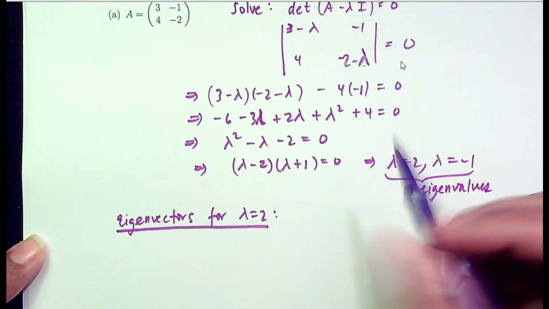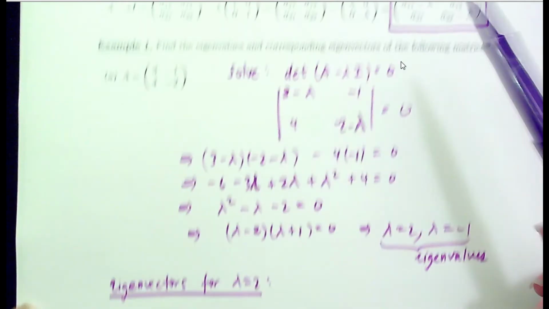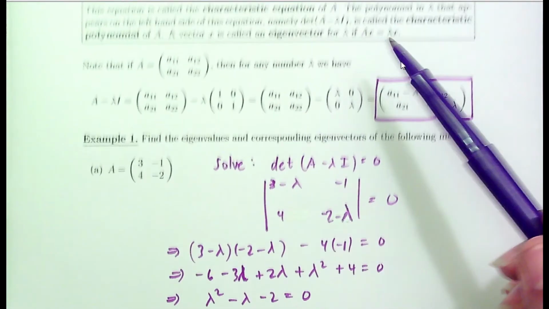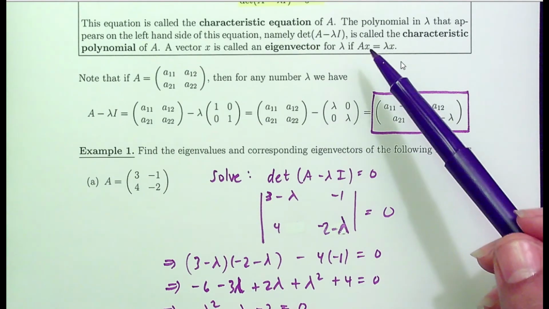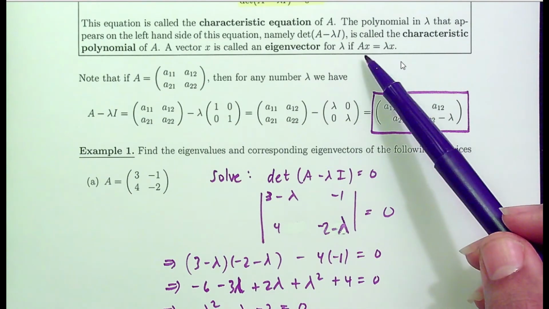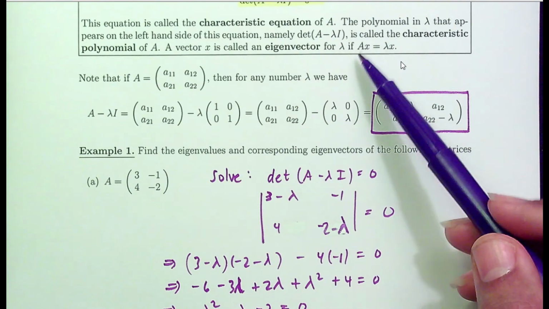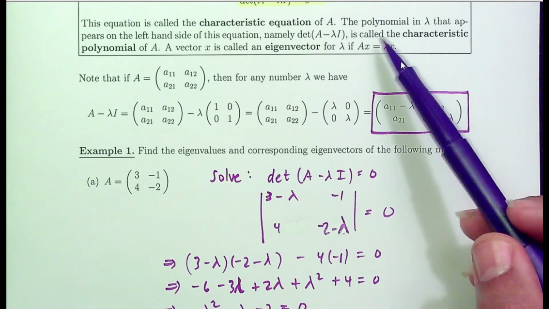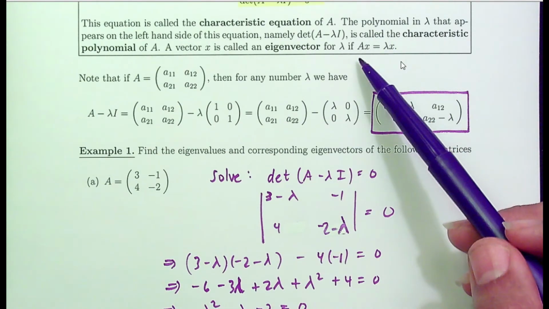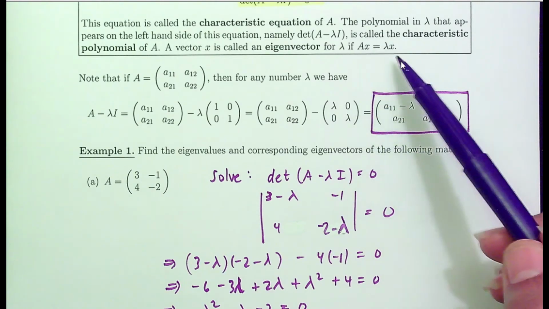So that means we want to find a vector, and instead of writing x, I'm going to write v. I like v for vector. You could use x. We're going to find a vector v such that Av equals lambda v. But we want to find a vector that satisfies this equation.